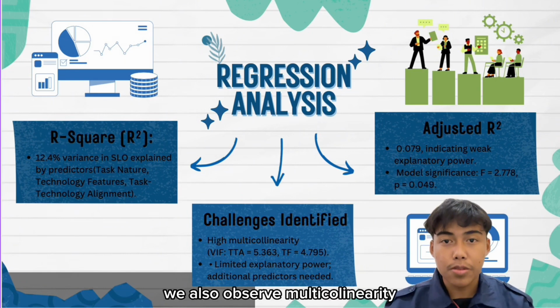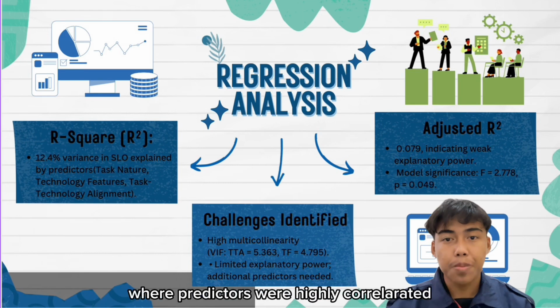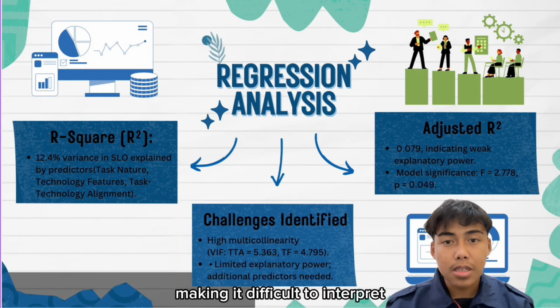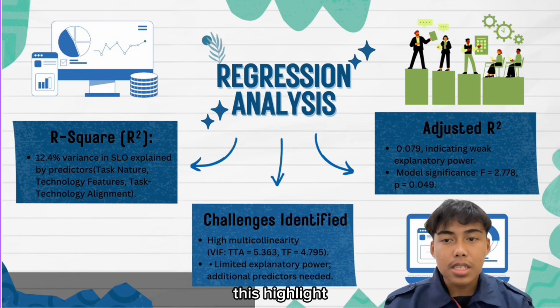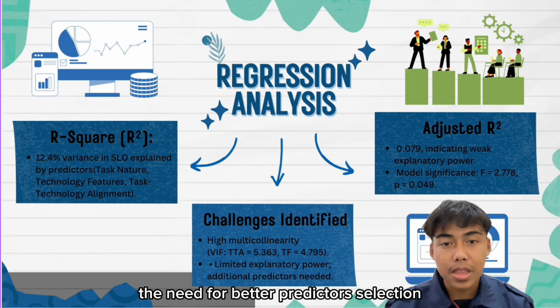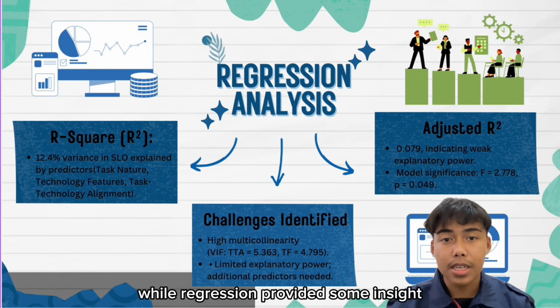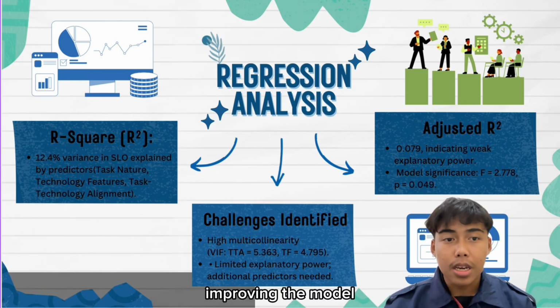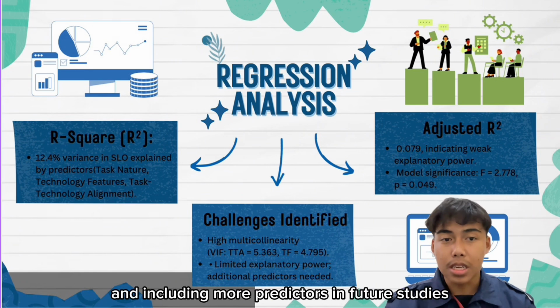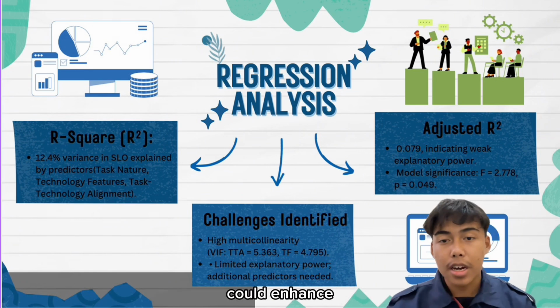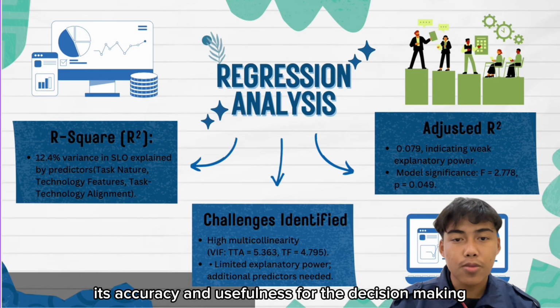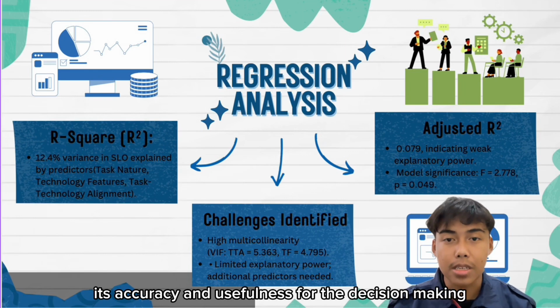We also observed multicollinearity, where predictors were highly correlated, making it difficult to interpret their individual impacts. This highlights the need for better predictor selection and model refinement. In conclusion, while regression provided some insight, improving the model and including more predictors in future studies could enhance its accuracy and usefulness for decision making.